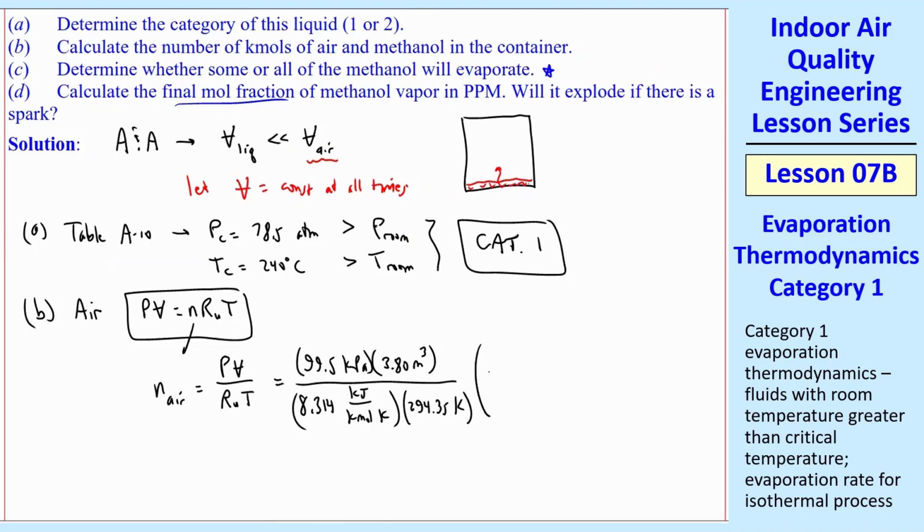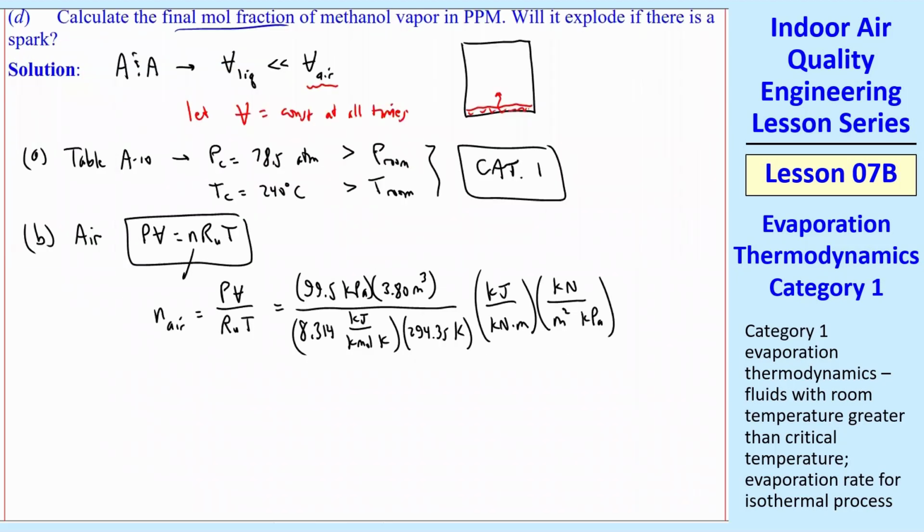And then some unit conversions, kilojoule per kilonewton meter. A kilonewton per meter squared is a kPa. All the units cancel except kilomole on the bottom of the bottom, which means it goes to the top. So N air equals 0.1545 kilomole.